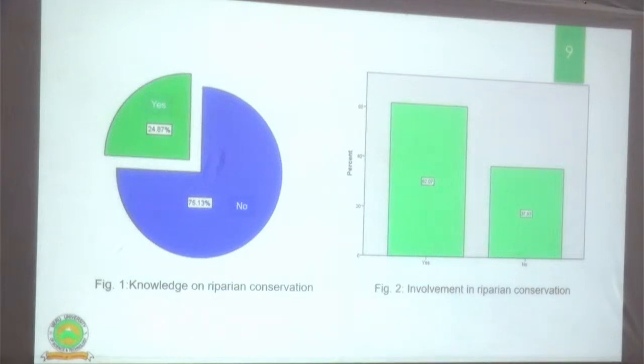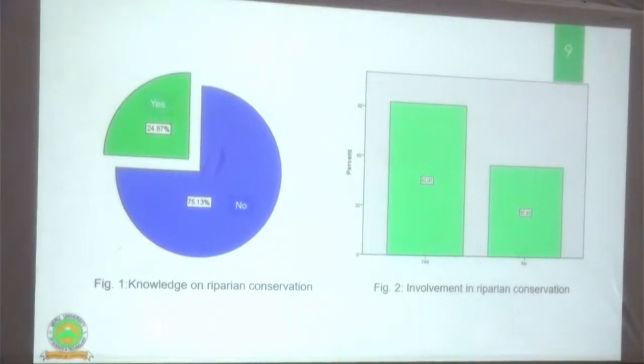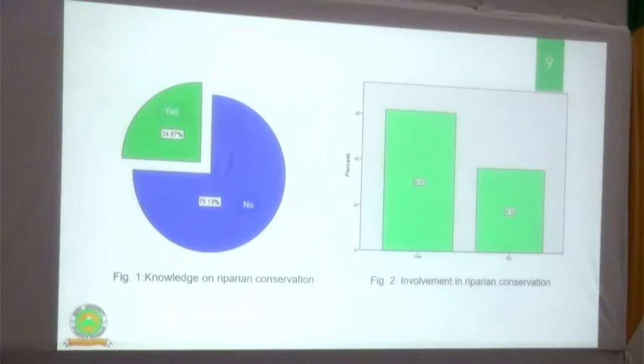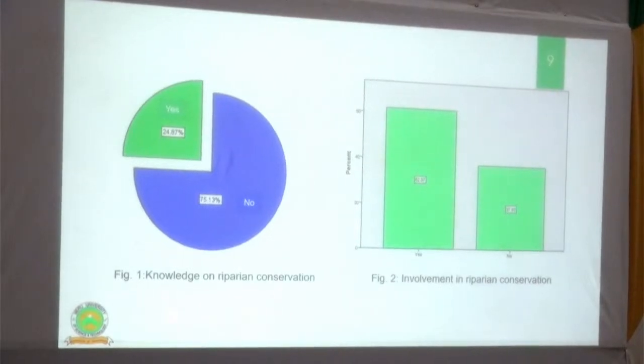From the semi-structured questionnaires, we can see the blue color showing that 75% had no idea or knowledge on riparian conservation, while only 24.87% had knowledge on riparian conservation.